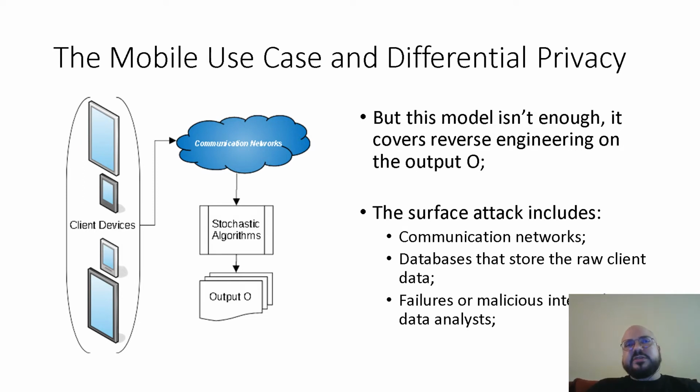It does nothing to protect the data server where the reports received from the devices are stored. It does not protect against human error by the data analyst when publishing the output. These are all surface areas we want to cover.